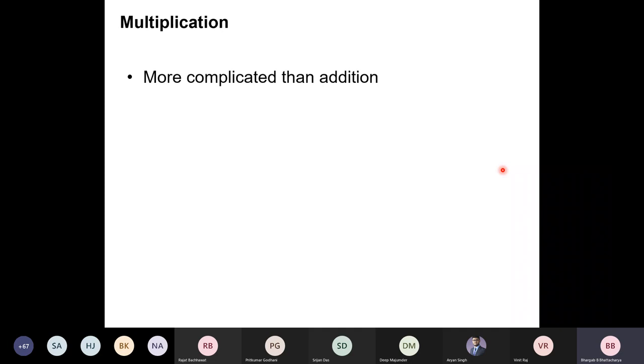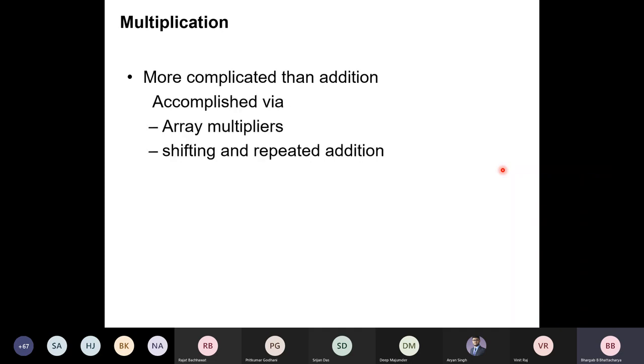Needless to say, it is more complicated than addition, and it is accomplished by array multipliers. Array means, since you have to compute the partial products, we need an array of AND gates. That's why it's called an array multiplier. There is another possibility, which is shift and repeated addition. I can keep on shifting and adding recursively, one by one, sequentially. Obviously, it would take more time and more area in hardware than the addition operation.